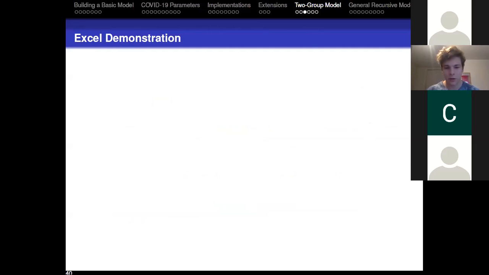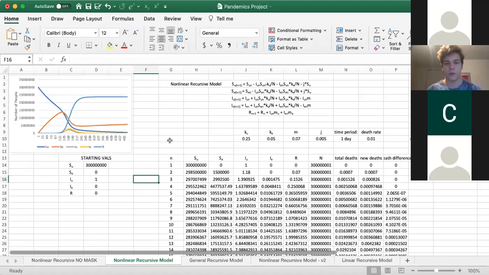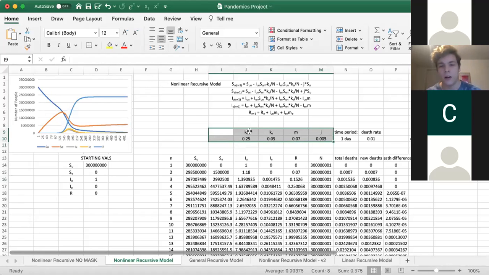Okay, so now I'm going to show the Excel demonstration of the model. There's a lot here to look at, but I think the most important things are these 4 parameters. As you can see, we have the K sub U, the K sub E, and the M and the J parameters.